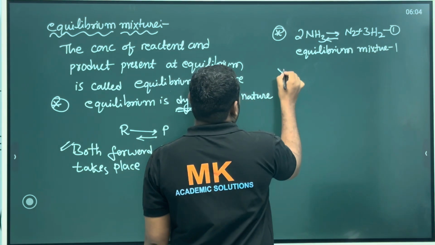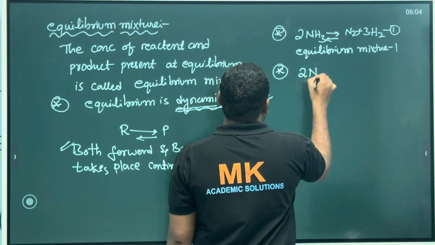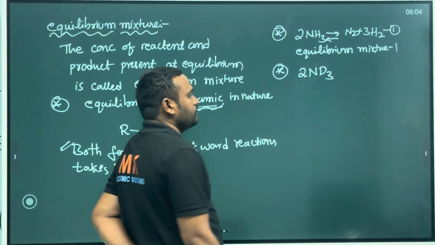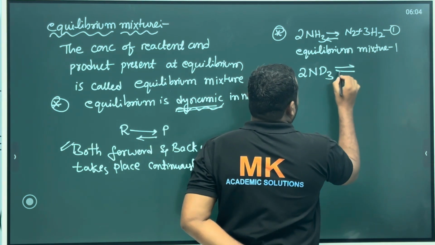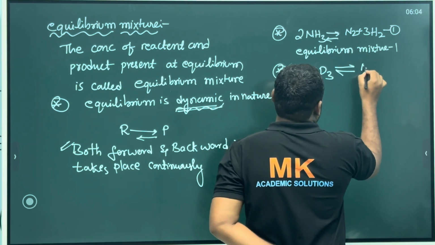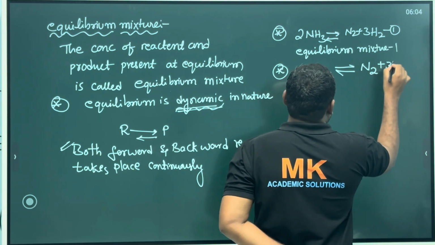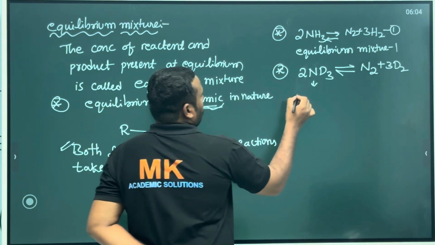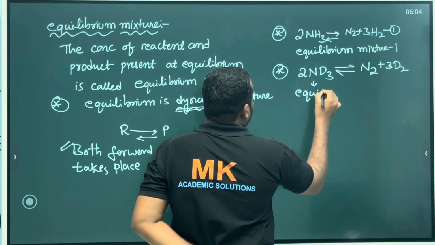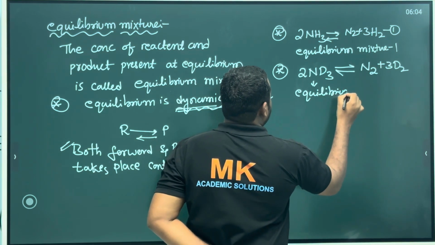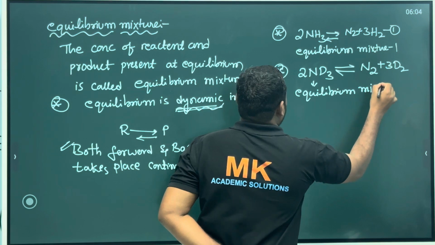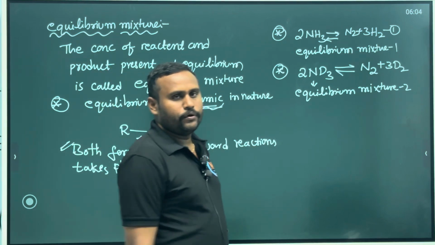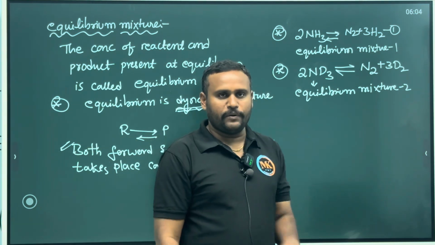And the second one is 2ND3, where hydrogen is replaced with deuterium. Here you will get N2 plus 3D2. It is equilibrium mixture 2. Now I am going to mix both equilibrium mixtures.